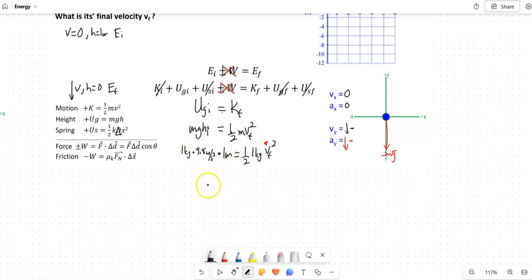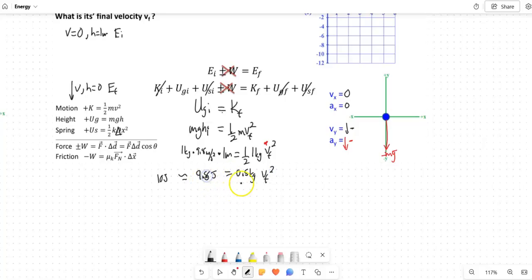Let's just call this 10 joules. All right. It's not exactly 10 joules. It's 9.8 joules, but let's just call it 10 joules for now. All right. So 10 joules, 1/2 times 1 kilogram is 0.5 kilograms times V final squared.